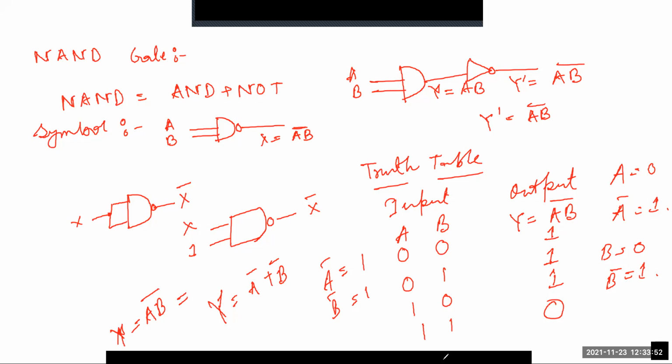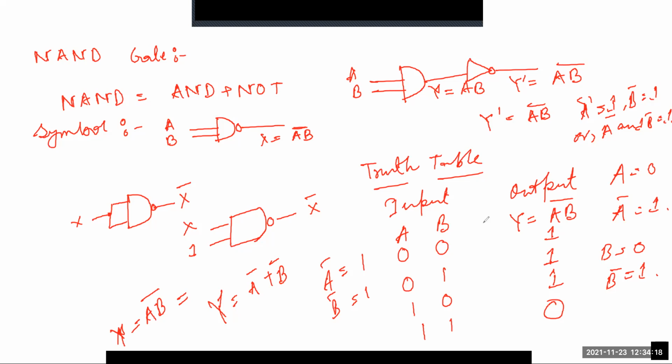So suppose either A bar equals 1 or B bar equals 1, or both, that is A bar and B bar equal 1, in that case also we are getting the same output.